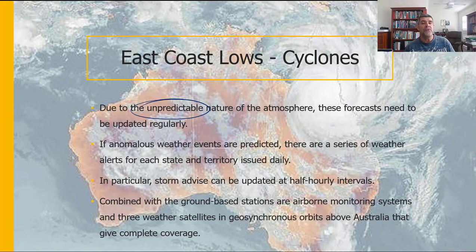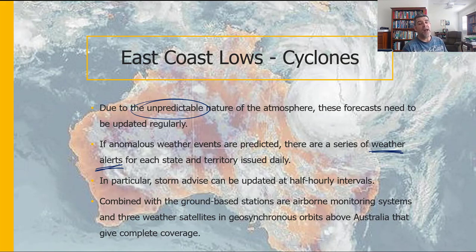However, if we do find that certain indicators from the data that we've looked at are suggesting a fairly serious weather event, then there are weather alerts that are going to be issued to the relevant regions. These might be statewide, these might be local communities, these might be regions along the coast, particularly if there's aggressive surf, high swells, those sorts of things.